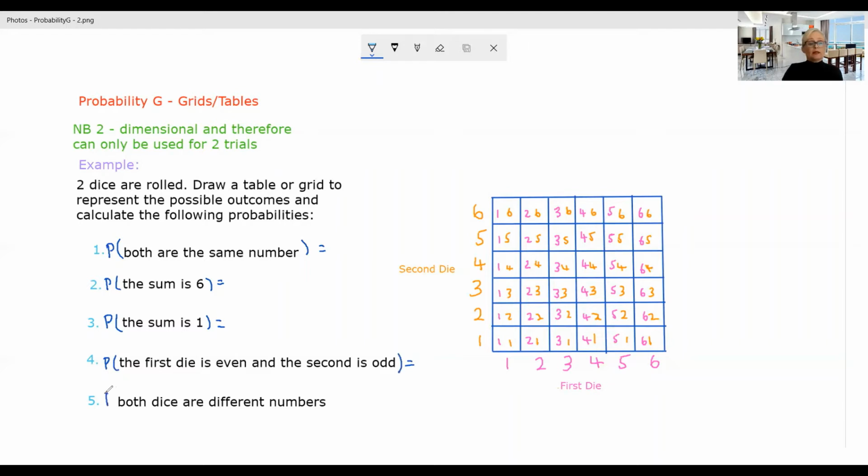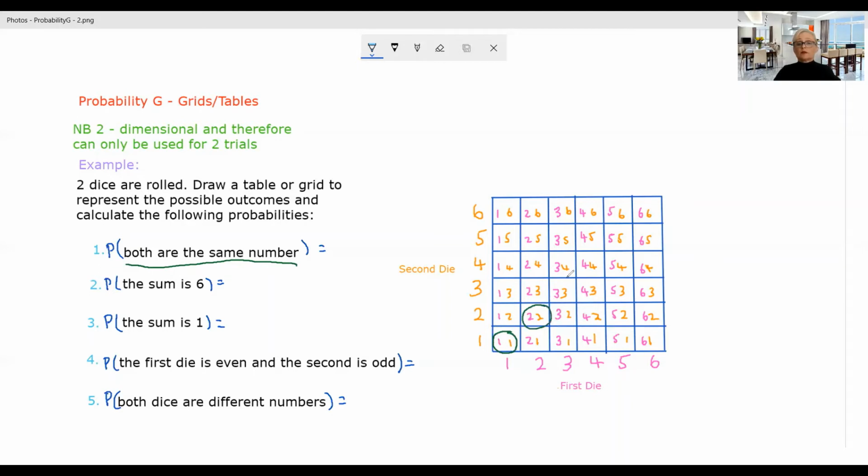And then we're going to colour code each of these events. So let's choose a colour for both of them being the same number. So both the same number, I'm going to use dark green. Okay, let's have a look where these are. So we've got, okay, well that one, they're both the same number.